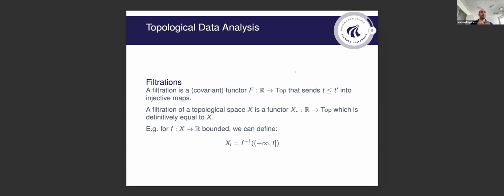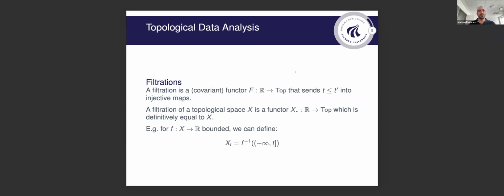In a more compact notation, we can say that a filtration is just a covariant functor from the poset of real numbers to topological spaces, so that every arrow in the poset is sent to an injective map between topological spaces. Then, if we have a filtration of some topological space, it means that it's just a filtration which ends up filling this space.